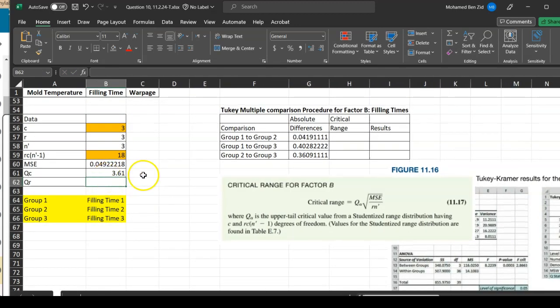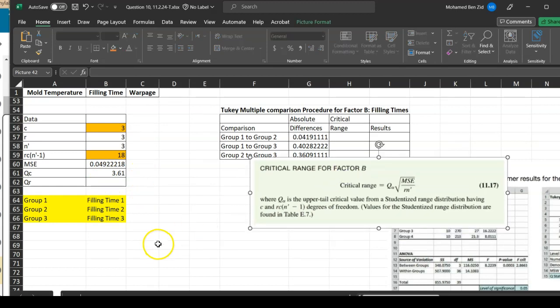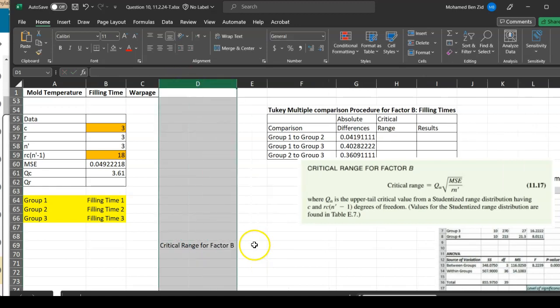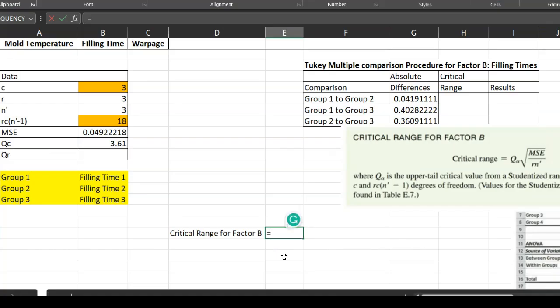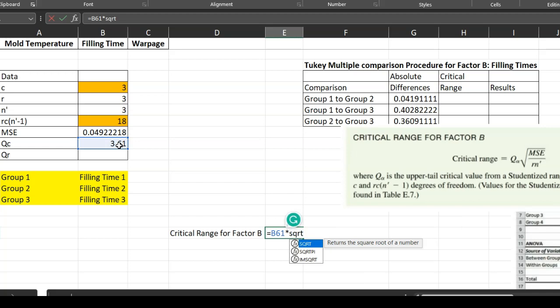Once I select the QC, I'm going to follow this formula right now for the critical range. This is going to be an equal sign, select the QC value and multiply it by the square root, SQRT, open the parentheses, and MSE is this value over here.